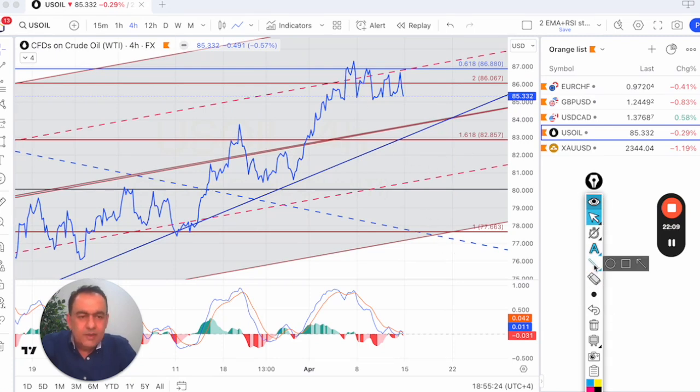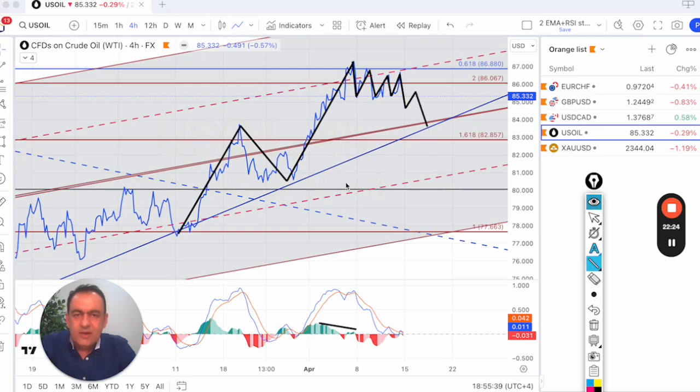So I'm expecting that after high formation and a lower time frame bearish divergence coming into play, we can expect a short-term correction. This could be a pullback towards the retest of the rising trend line which was formed on daily chart, or this could be just another consolidation.